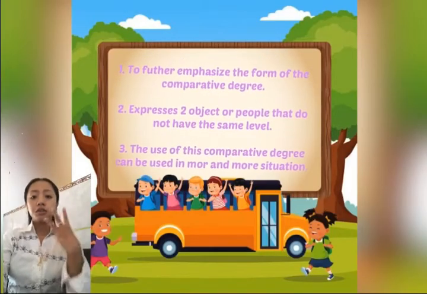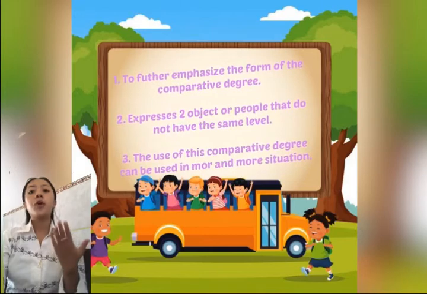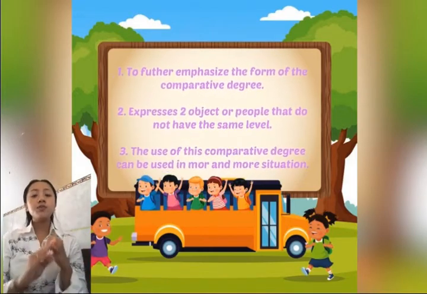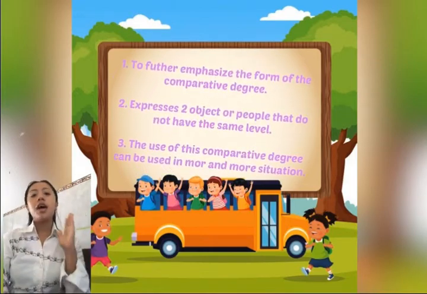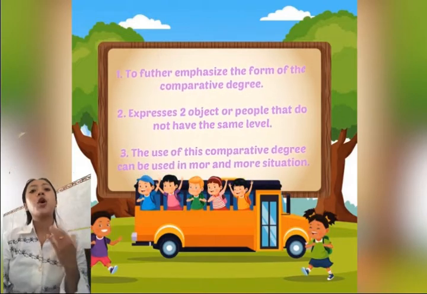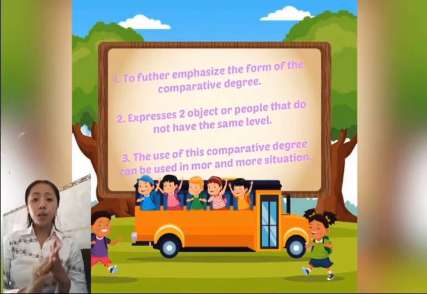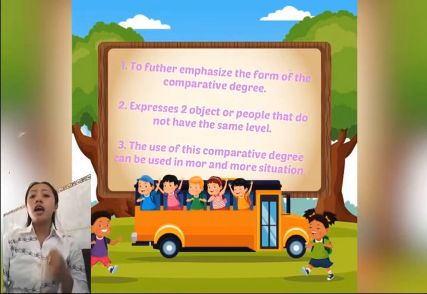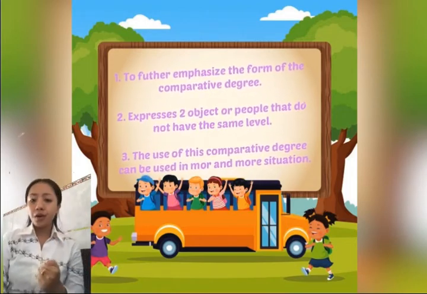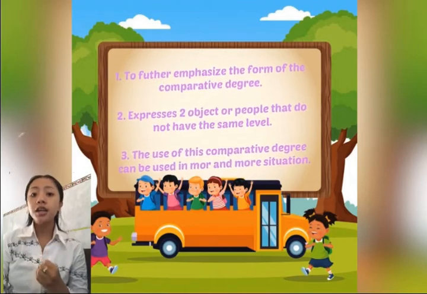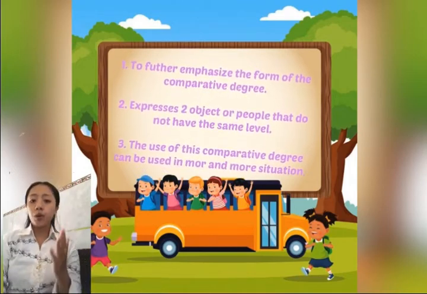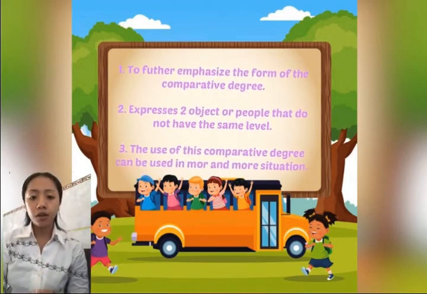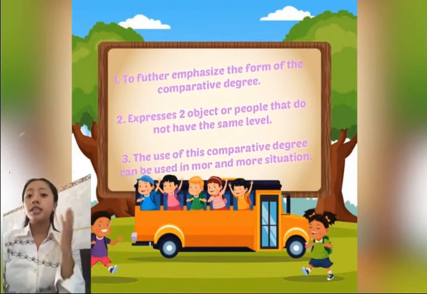And there are three ways to use a comparative degree. The first point is to emphasize the form of the comparative degree. The example of this point is his motorcycle is far better than yours. And the second point is to express two objects or people that do not have the same level.